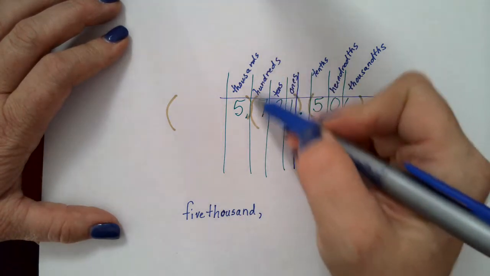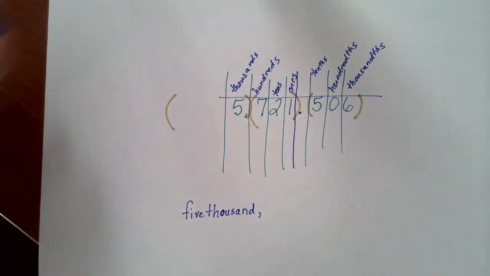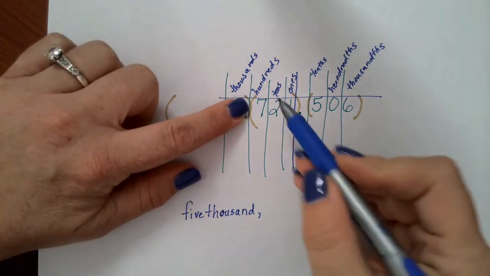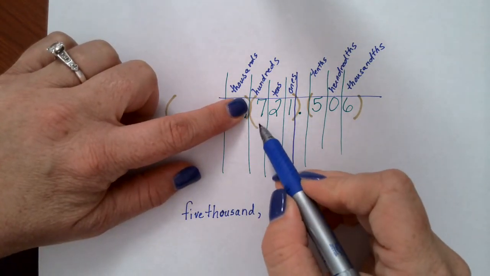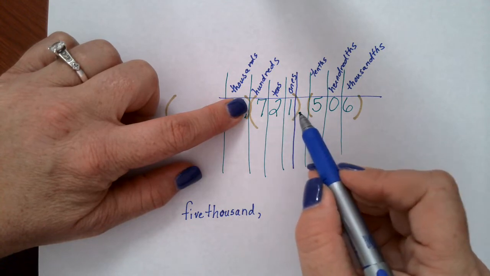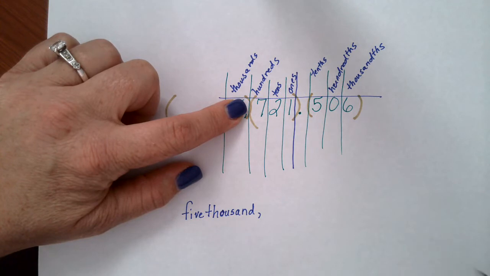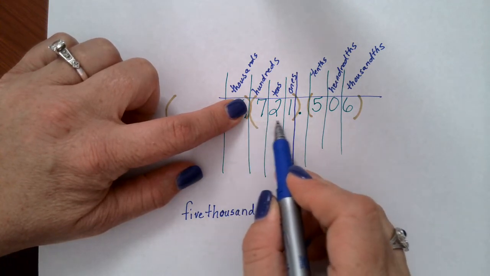Then we can look at these 3 grouped together because they're part of a family. They're read together. Okay? So we're going to look at this, and we don't say 7 hundreds, 2 tens, 1 one. We say 721. So this is the number 721.